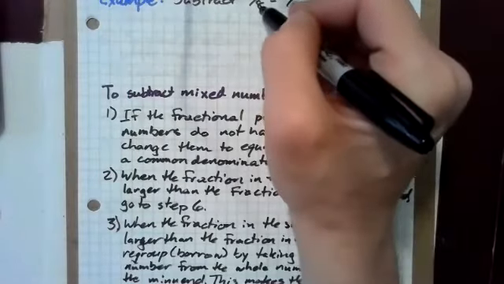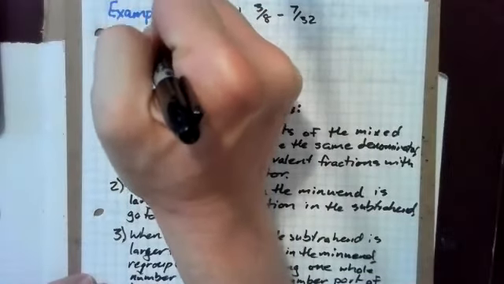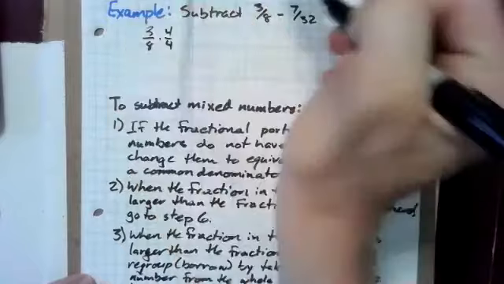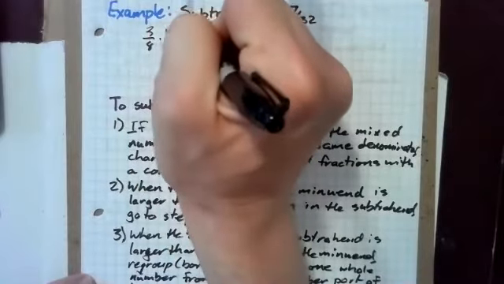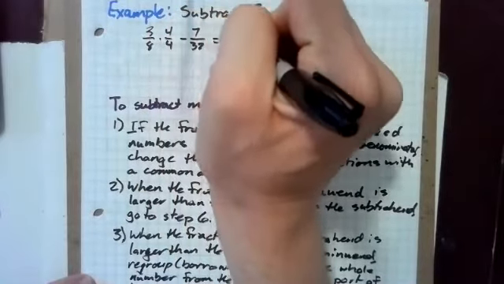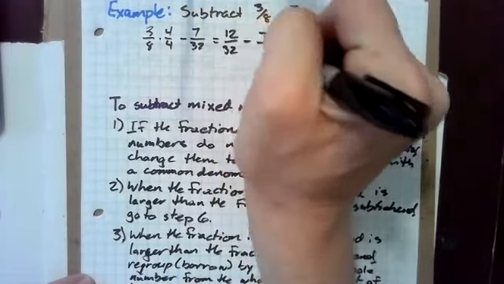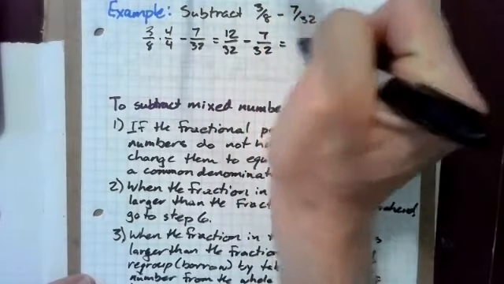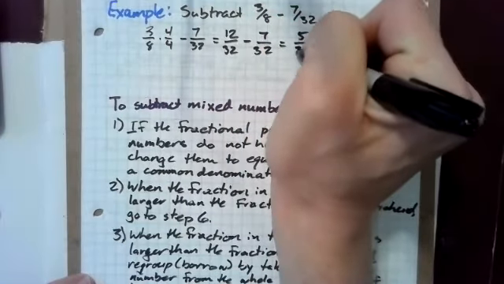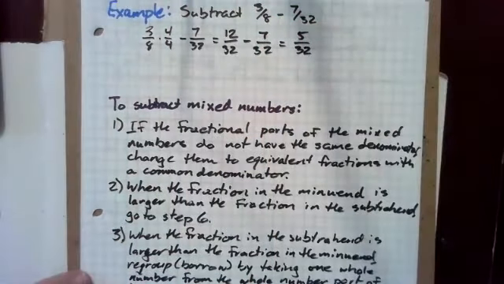So we just have to multiply 3/8 by 4/4. That's going to give us 12/32 minus 7/32 is 5/32. And that's the answer.